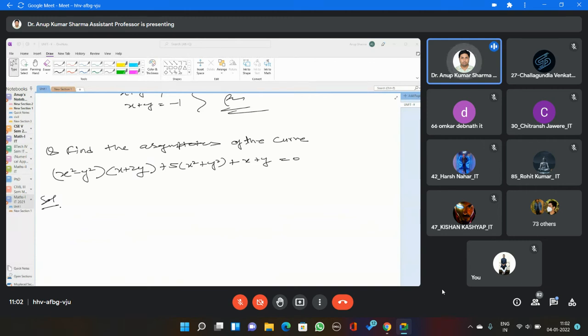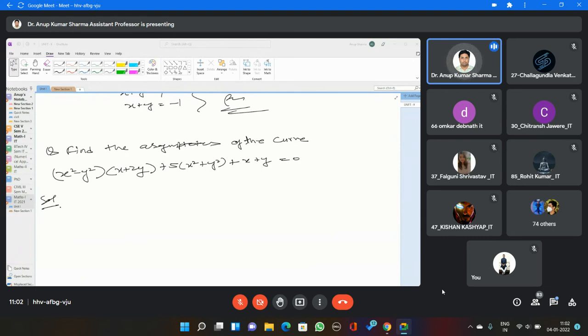Now Falguni Srivastava, 37. Am I audible? Falguni Srivastava, 37. Not lifting. Yes, sir. So are you doing something? Sir, trying. Okay. Have you got the value of m? Not yet, sir. Okay. Do it. I repeated it 2 times yesterday also and today also I repeated the question. Okay.